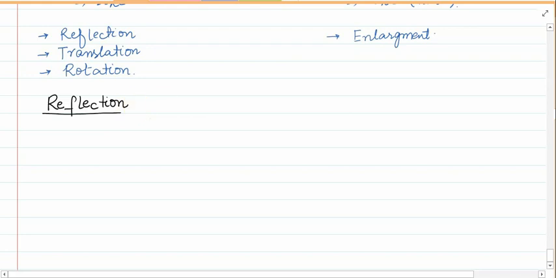For example, if I draw the alphabet V, this V is identical across this line. So to define a reflection, the first thing we need is a line, and we call this line the line of reflection.